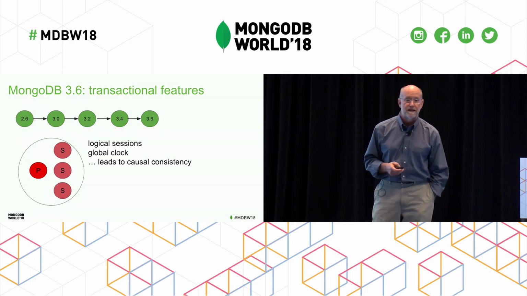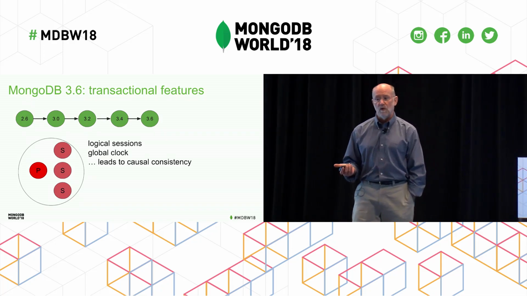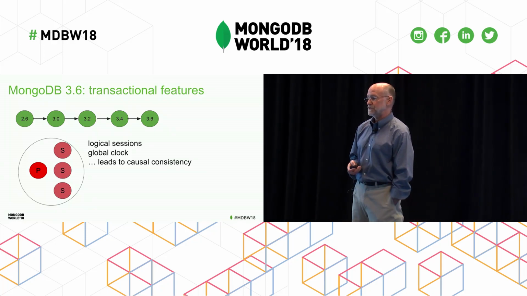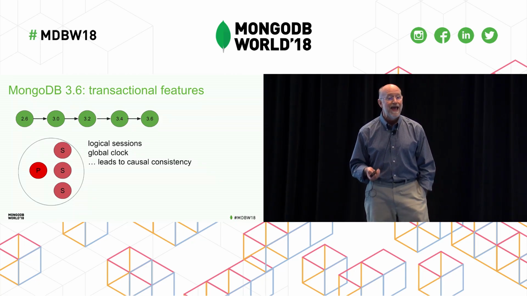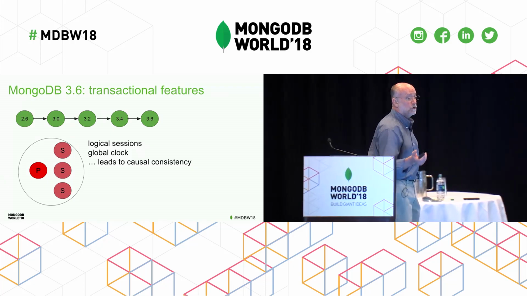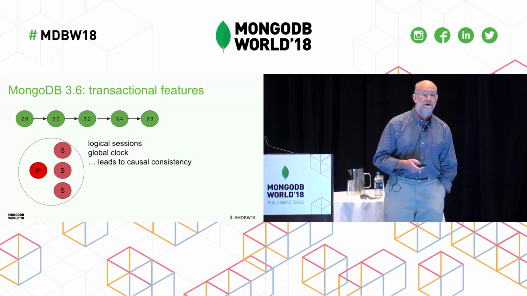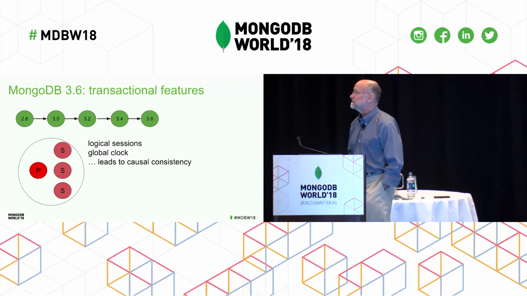Logical sessions was that context. And we also added a global clock. We need some way to identify each individual operation or each individual transaction. So we need context, and we need an identifier, and now we can go to causal consistency. Now we can say there is a causal order for your reads and for your updates that we can reproduce and understand for the entire system. So that was the transactional features.